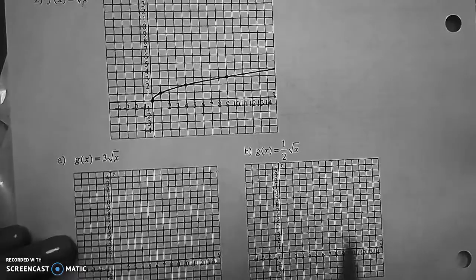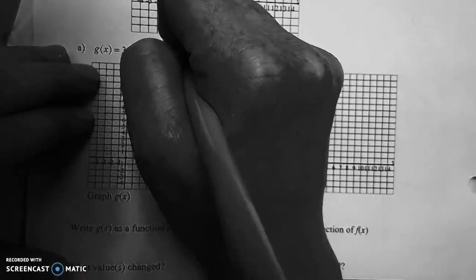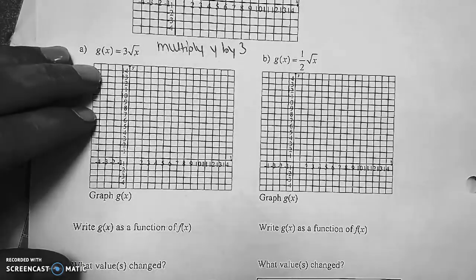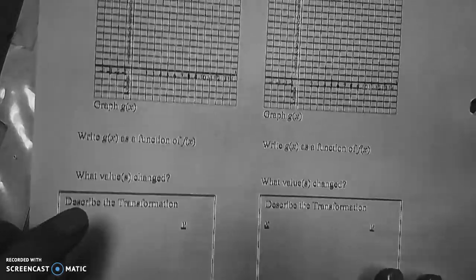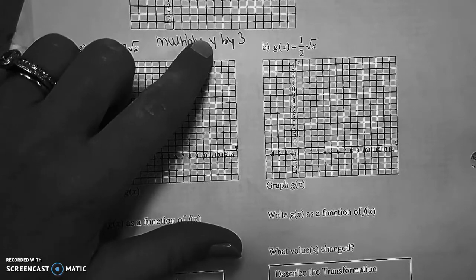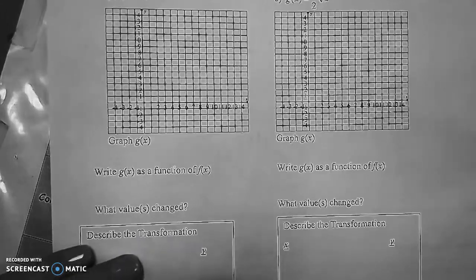So I'm going to write this 2 ways, actually. Let me write it here. Multiply y by 3. Now, to get the description, I have to think what this means. Is multiplying y vertical or horizontal? That's vertical.